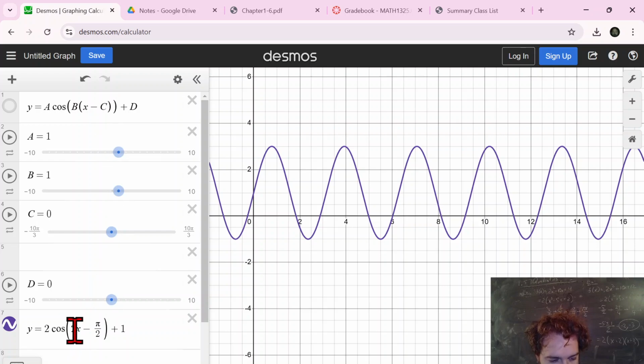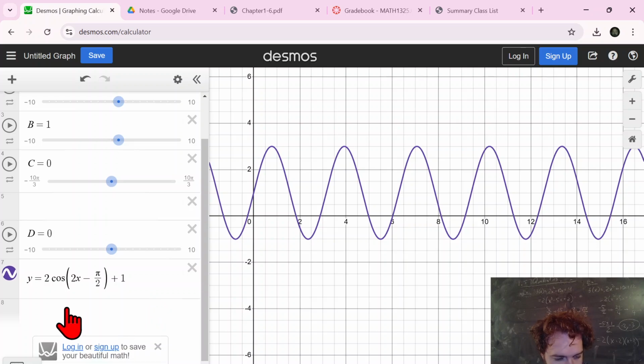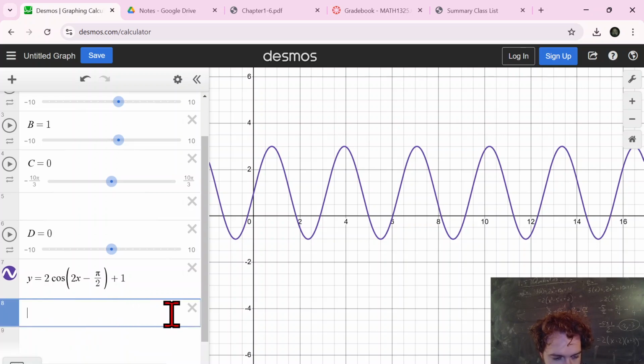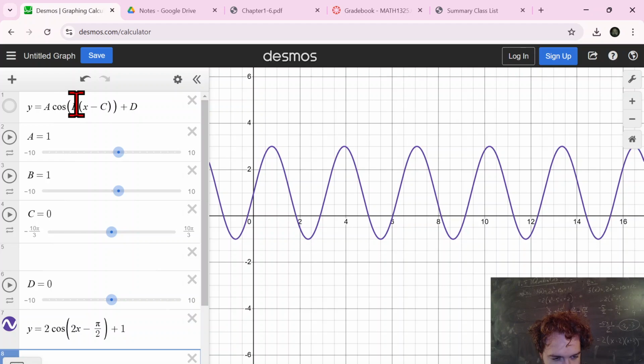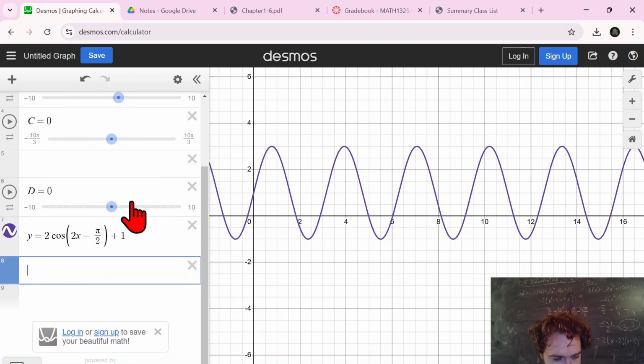So what I actually have here is 2x minus pi over 2, where pi over 2 is equal to b times c. So what I need to do is factor this argument and pull a common term out of it so that I have this nice distributive action of b into x minus c.